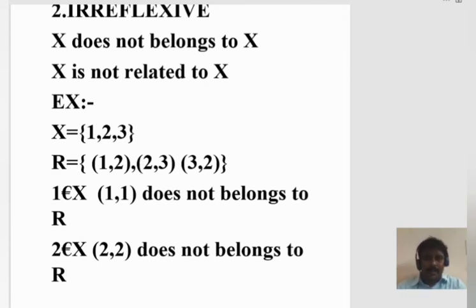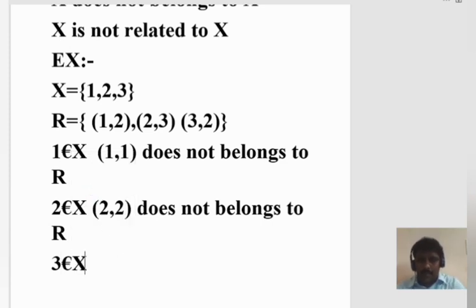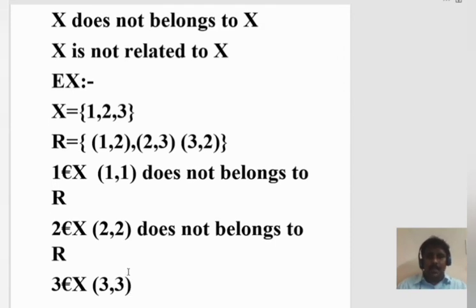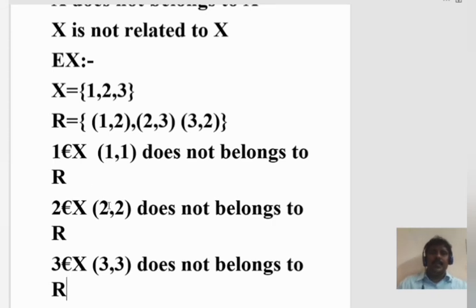Next another element is there, that is 3. If we take 3 belongs to X, then (3, 3). Whether (3, 3) is there? No, (3, 3) also does not belong to R. So it is an irreflexive property.